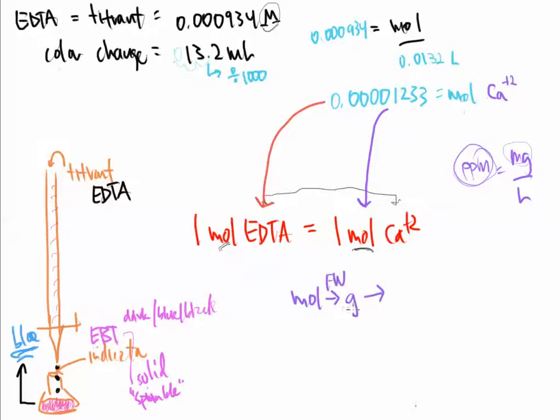And then I can go from gram all the way to milligram, but in order to do that, I need to multiply by 1,000. So this gives me the pathway that I need to take with these numbers. Now that I have moles of calcium, I can change that over to grams of calcium and then milligrams of calcium, and that really provides me with this milligram number that I need to report water hardness with.